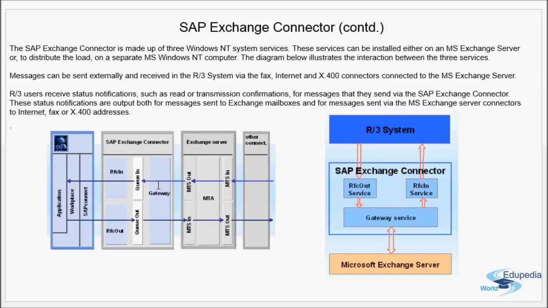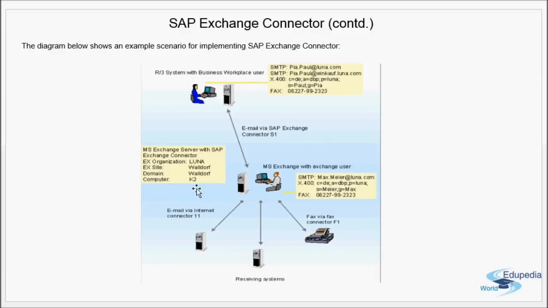Okay, so the users using the SAP system want to send faxes, or send a mail or whatever it is, and this SAP Exchange connector helps in communication. Now see, this is an example.